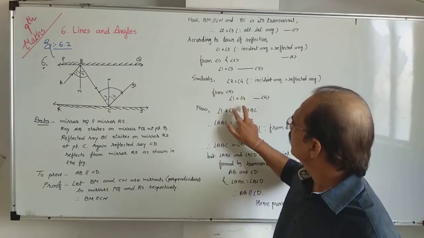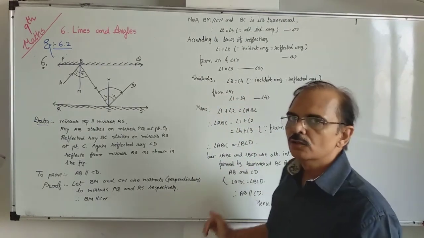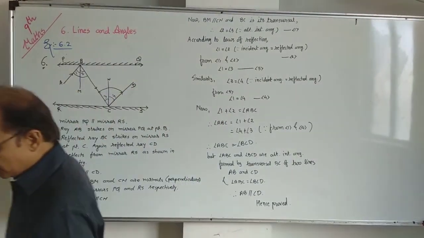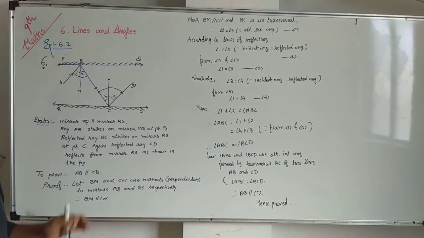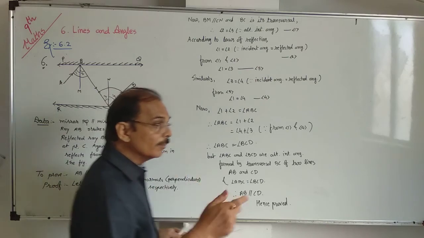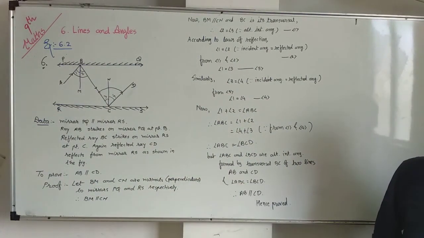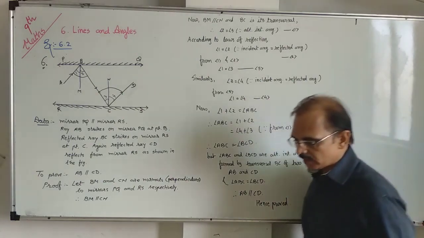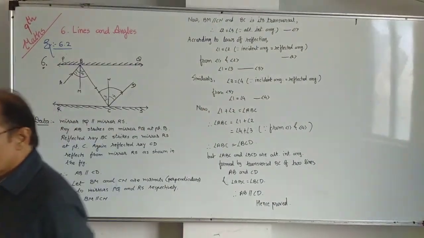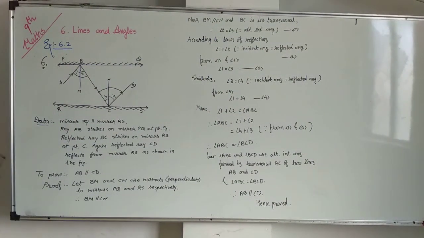In this way, slowly, gradually, you can understand very easily. This is your exercise 6.2. Afterward, there are some most important theorems, and then the last exercise will be 6.3, which we will learn later. So write it properly and repeat this again and again.